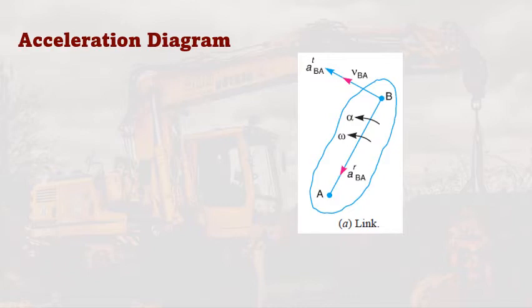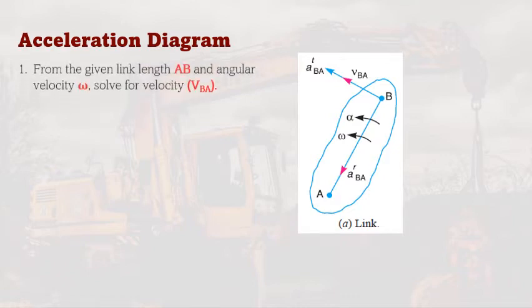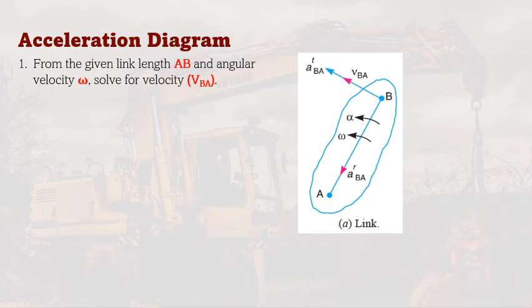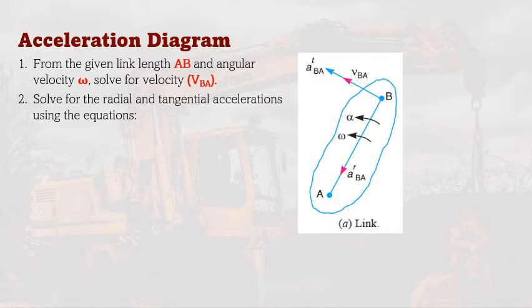Say, for example, you have here again the same link with two points A and B, where point A is the axis of rotation and B is a point that rotates with respect to the axis of rotation A. From the given length AB and angular velocity omega, we solve for the velocity of B relative to A. We already know how to compute that.